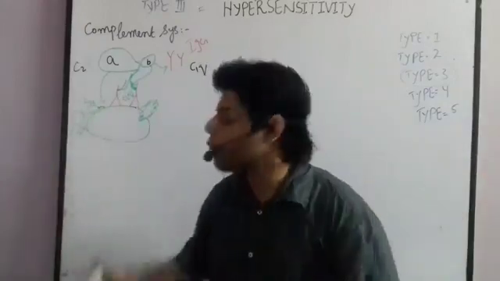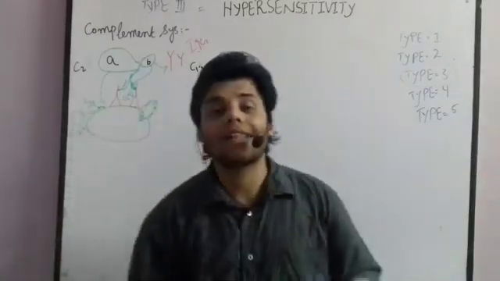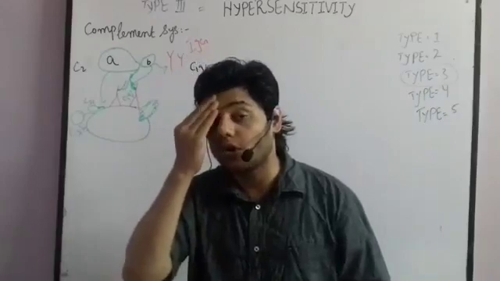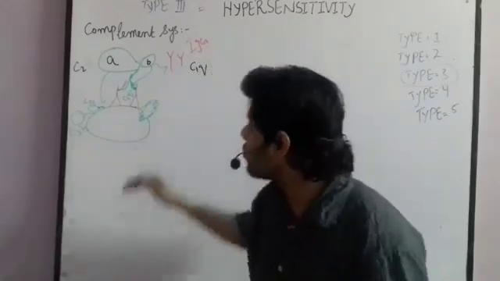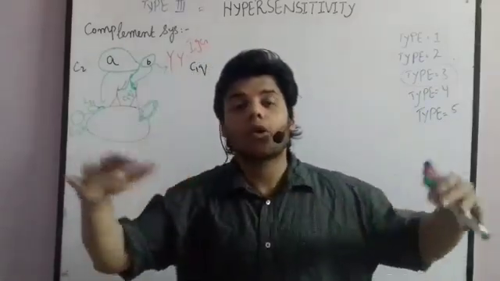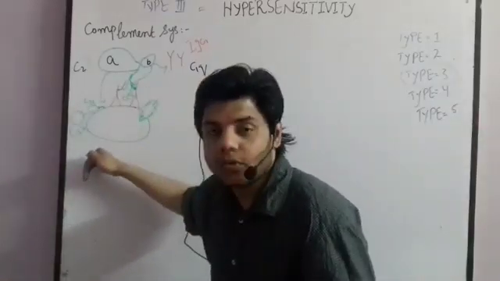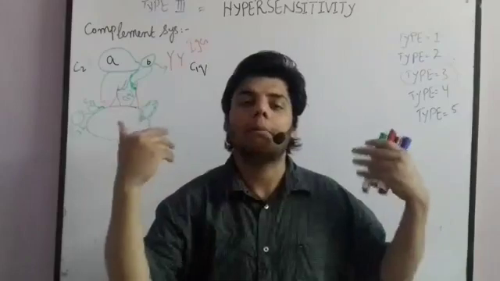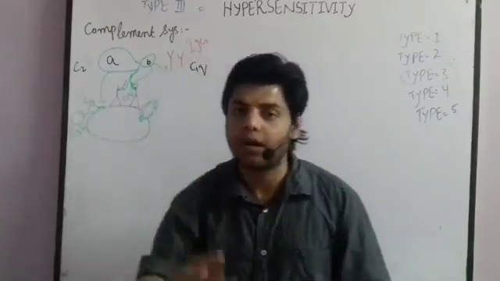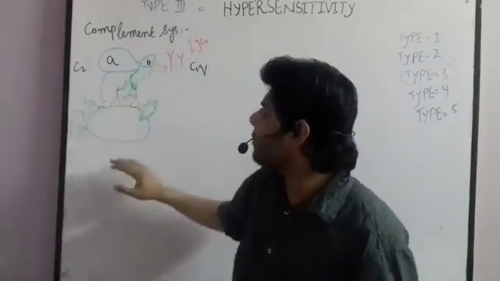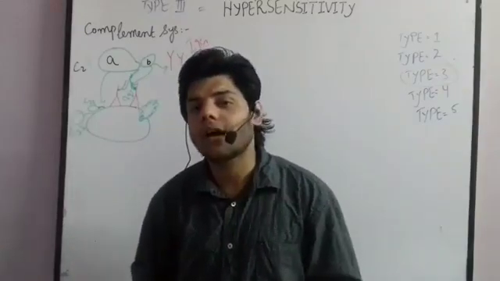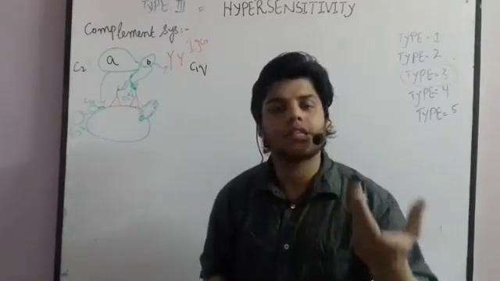Almost 20 proteins are bound here, and together they can create holes. Due to these holes, the ions and water molecules outside the cell internalize, so the cell swells up and bursts, and finally the bacterial cell dies. This is the complement system through which bacteria die.